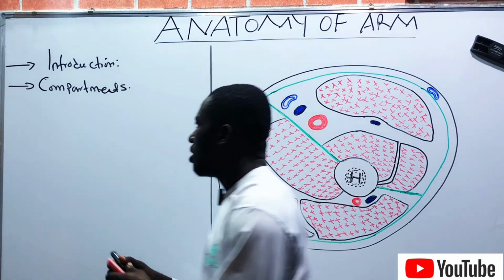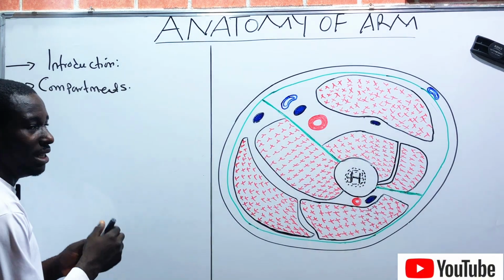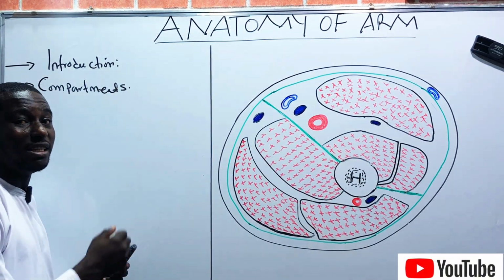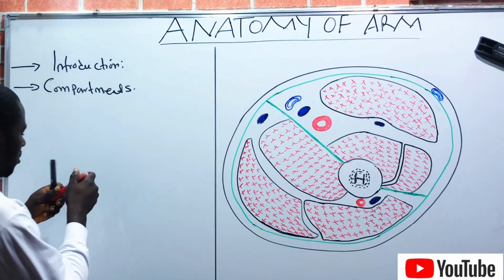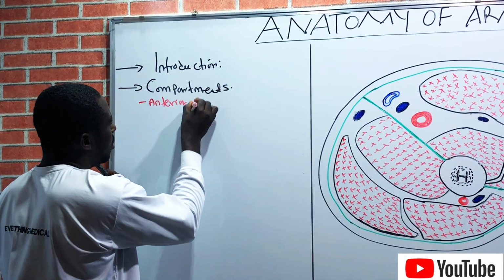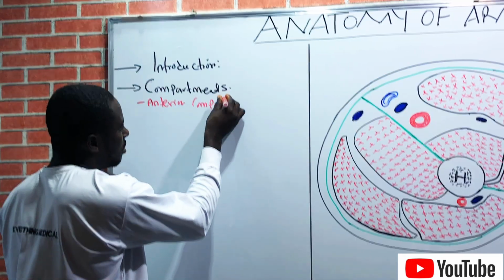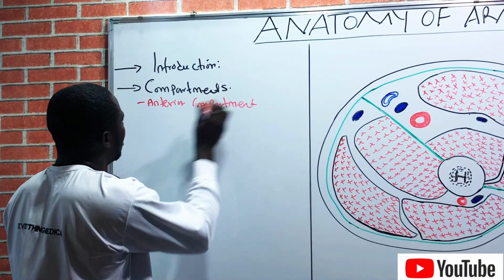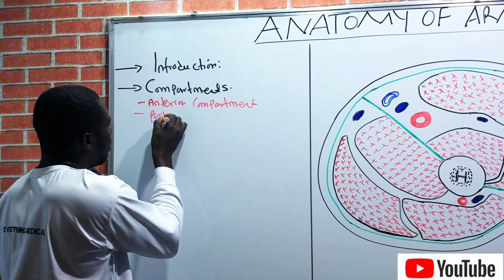So the arm is divided into two compartments by the deep fascia sleeve and the septa. We have the anterior compartment, and the posterior compartment.